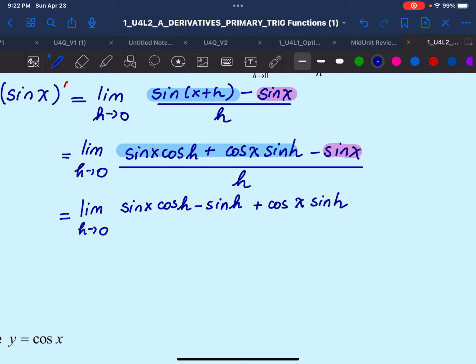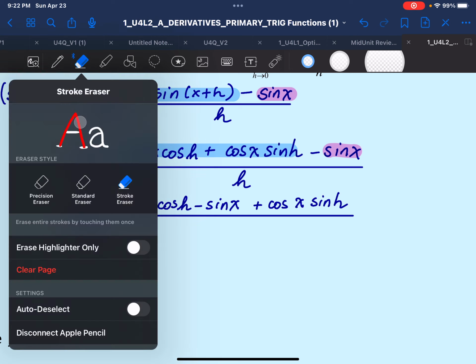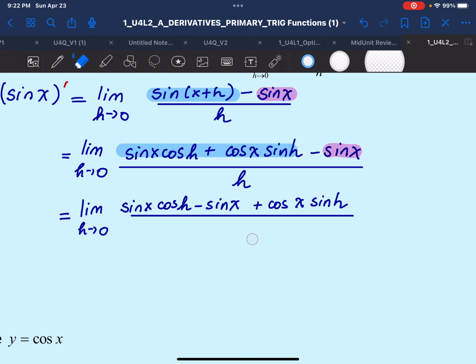Now notice that here we now have a common factor of sine of x. We have h in the denominator. And when we have sum and difference of terms, actually, we can split the fraction into two. This is the next thing that we want to do: we are going to give an h to each fraction here.